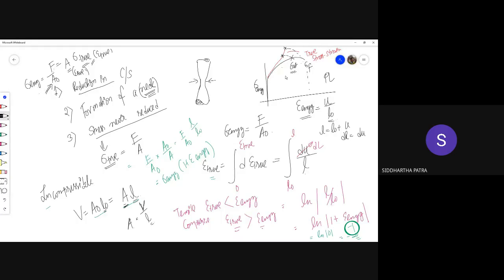So that's why in the engineering stress strain diagram we find a fracture stress value which is smaller than the ultimate stress value, which would not be there in the true stress strain diagram. And with the compressive engineering stress strain, you see the true stress strain diagram is the same for the compressive and the tensile, but it's the engineering stress strain diagram which doesn't take into account the change in length and cross section area.